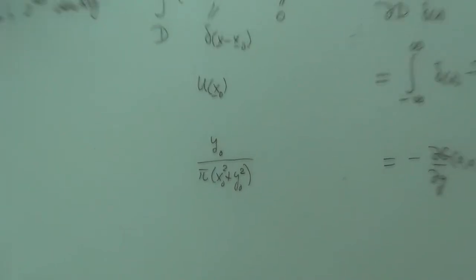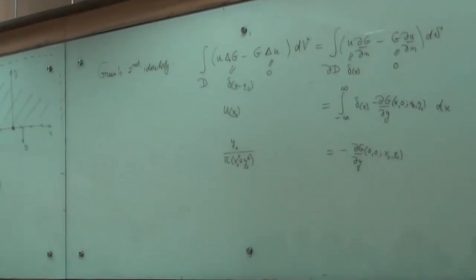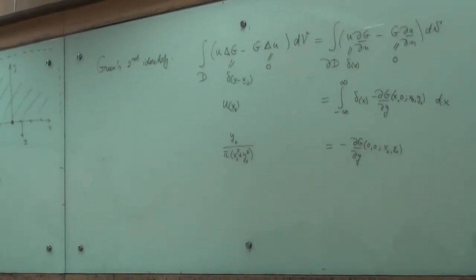And we also know that we have a symmetry property that you could interchange x with x0 and you could interchange the y with y0. It gives you the same thing, eh? So the dg/dy is also the dg/dy0. Yeah, you agree?